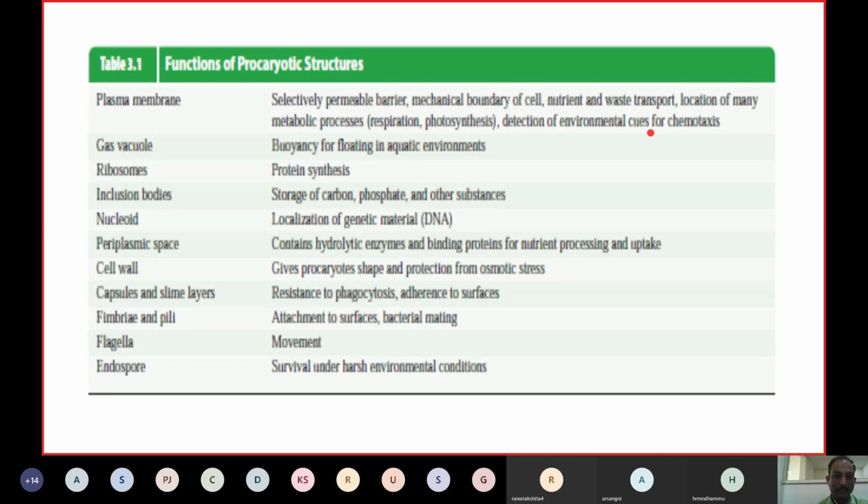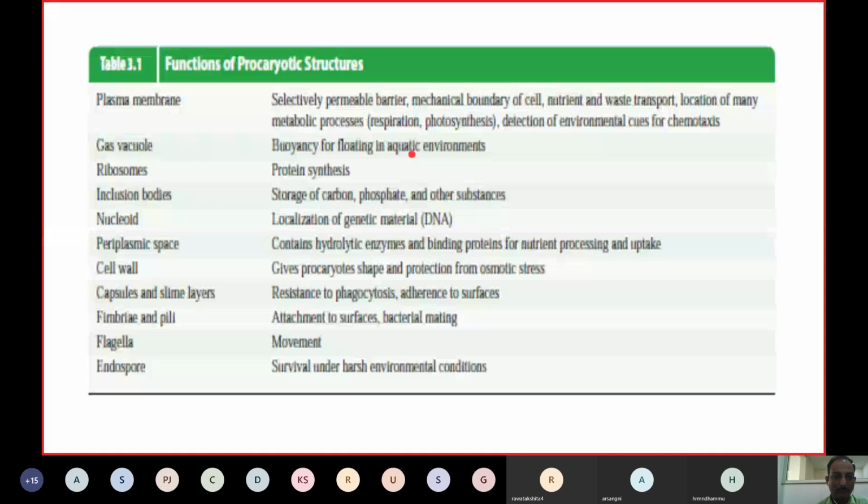Likewise, gas vacuoles help in floating of bacteria. They provide buoyancy in aquatic bacteria, those bacteria which live in aquatic systems.